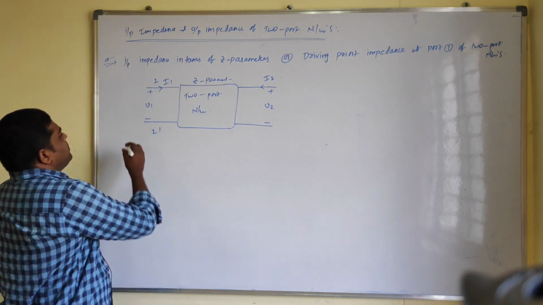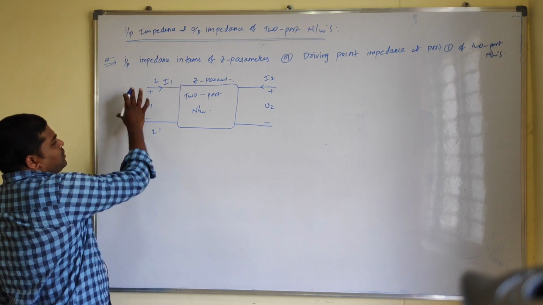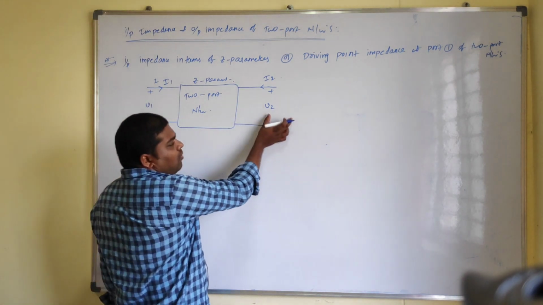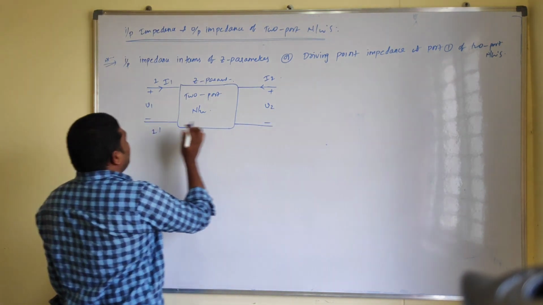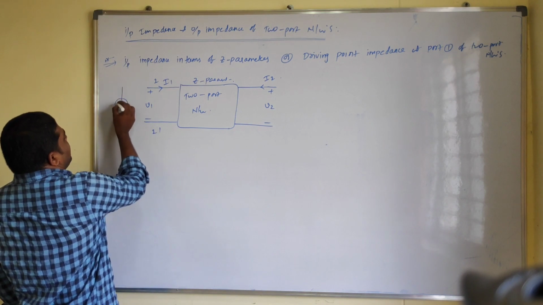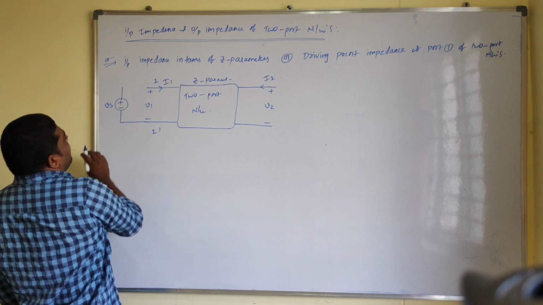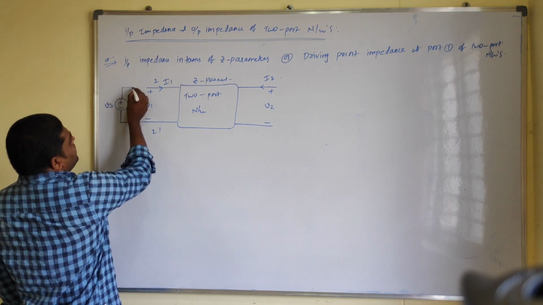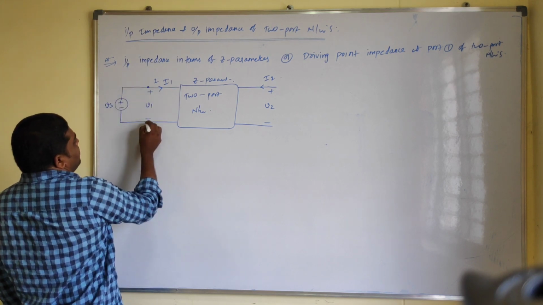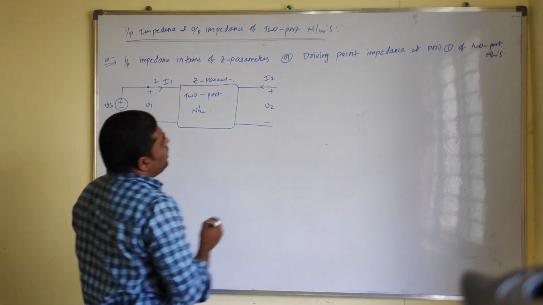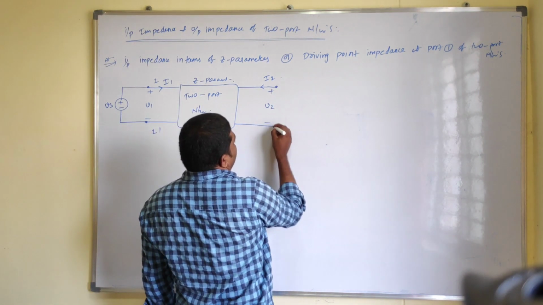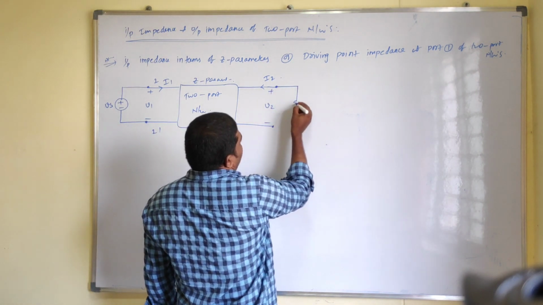Now I'm adding one voltage source here and one load element here. The voltage source, with plus and minus, is treated as Vs and is connected to this terminal, and in the same way you can take the load impedance here, that is ZL.